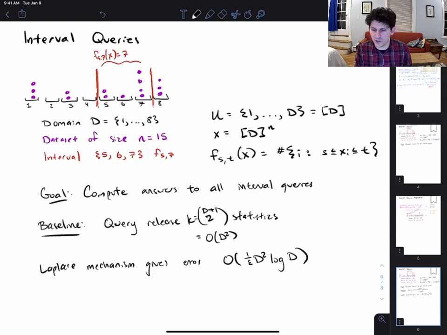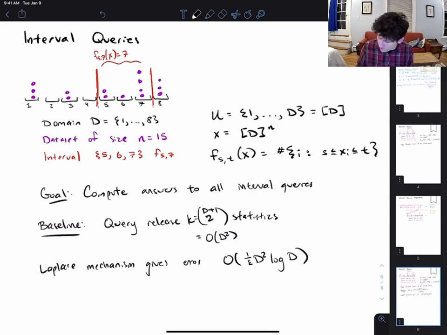So we'd like a solution that has better scaling with d. And the first thing you might think is, maybe there's something special about this family of statistics that means that actually, if I look at the entire vector of interval queries, maybe the sensitivity is lower.